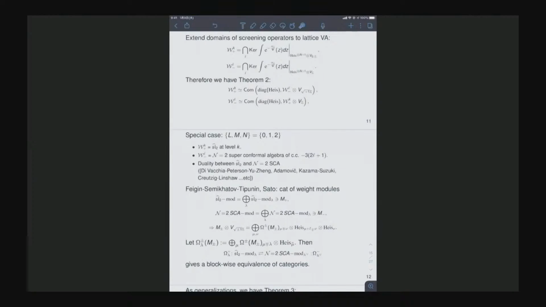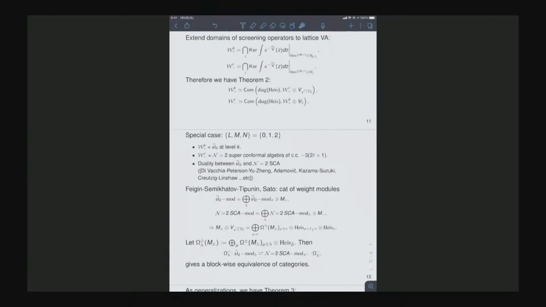This duality between affine sl_2 and the N=2 superconformal algebra is a very famous duality, well known to these people: Feigin-Semikhatov, Adamović, and the generalized Kazama-Suzuki duality, and the general case was proved rigorously by Creutzig and Linshaw.